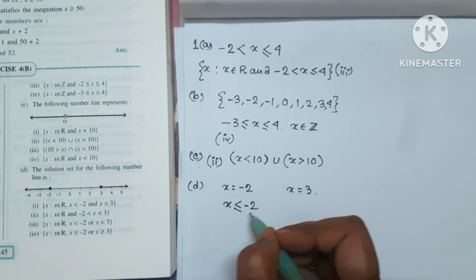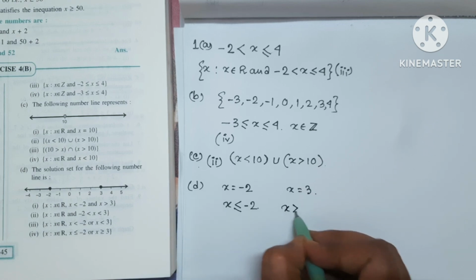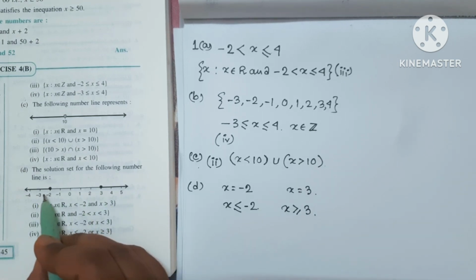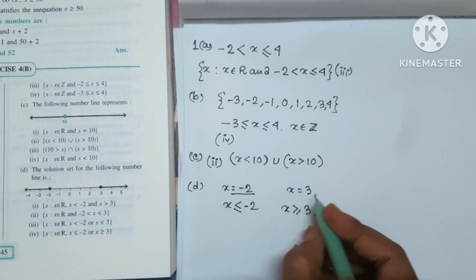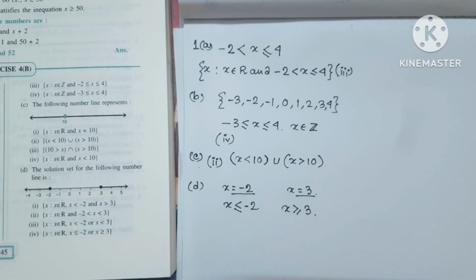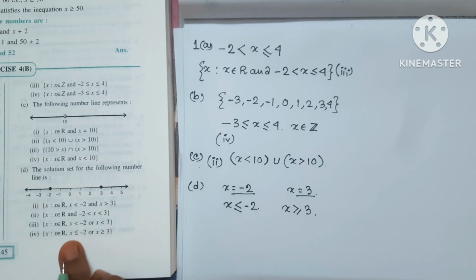Okay, so that will be a range, and another one is x greater than or equal to 3, because there are darkened circles at the points x equal to -2 and x equal to 3. There are two darkened circles.